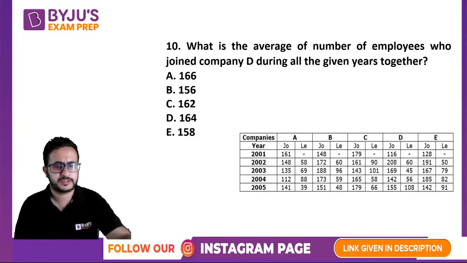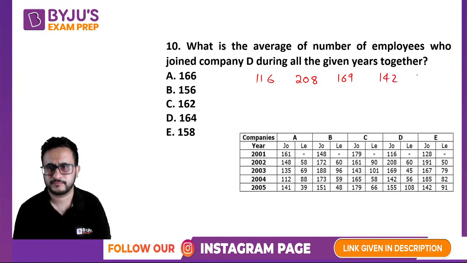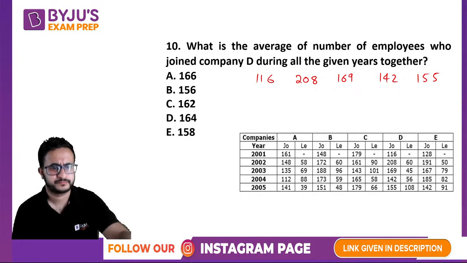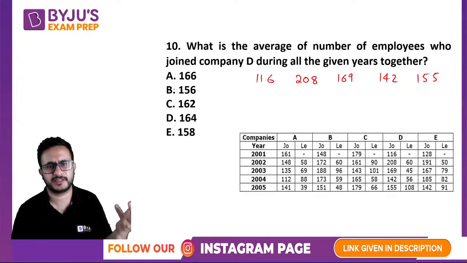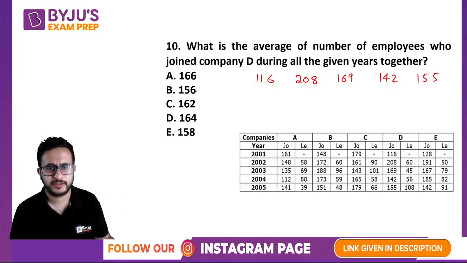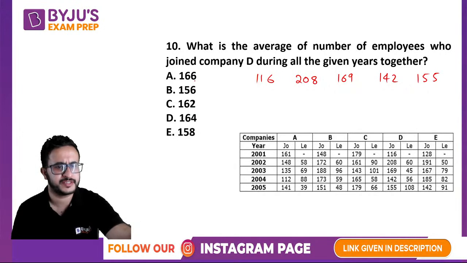Average number of employees joining company D. Okay, so whenever all these values are in a similar range, we can do it by deviation. Let us take one average. Now these values are close to 150. Let's just pick a central option, right? Or you can pick any number also. You can pick 160 also, or one of these options also, right?